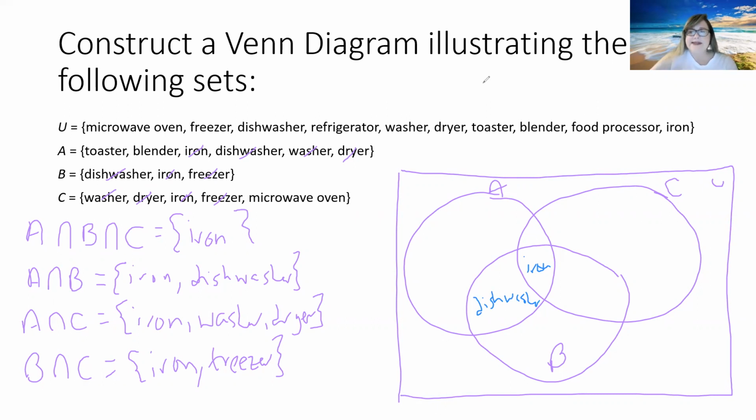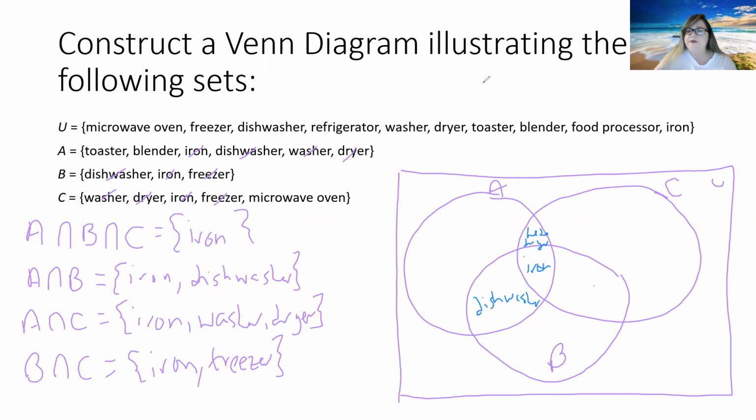In A and C, we have iron and washer and dryer. Oh no, I didn't leave much room here. I've got to fit in washer and dryer right up there. Should have made that a little bit bigger. That's washer and dryer. I know it looks like scribbles, but it really says washer and dryer, trust me. B and C is where those two circles overlap.